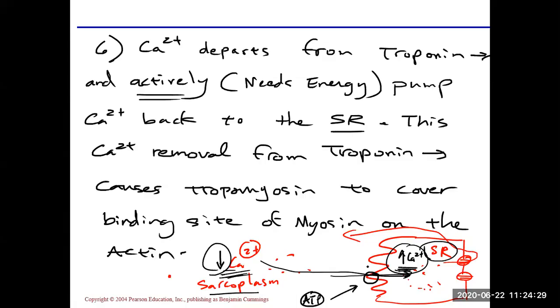So I would say this phenomenon right here is an active process because it requires ATP. All right. So right away, when the calcium is departing and being removed, tropomyosin is going to cover the binding site again. And myosin no longer can bind to it.